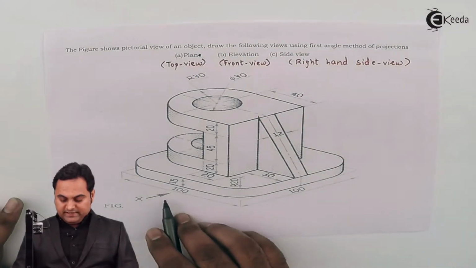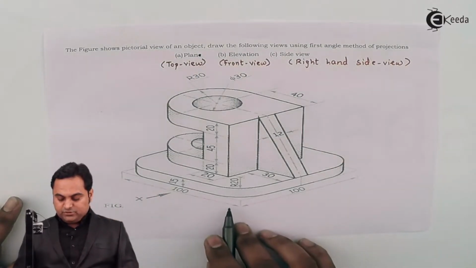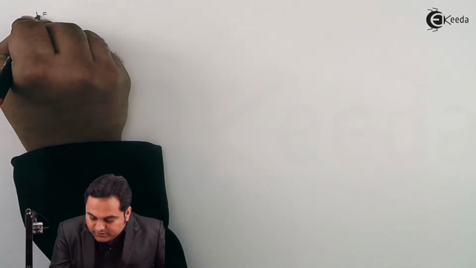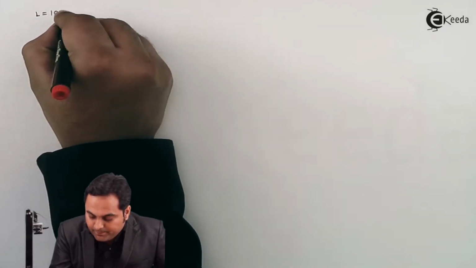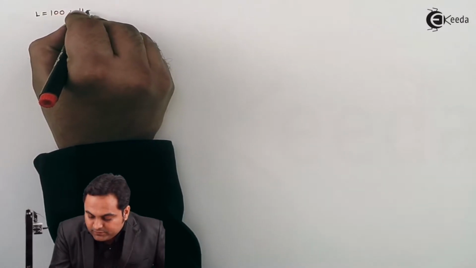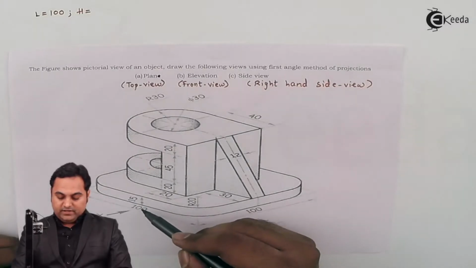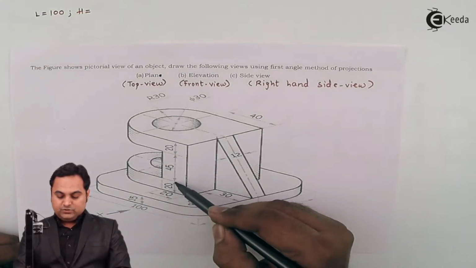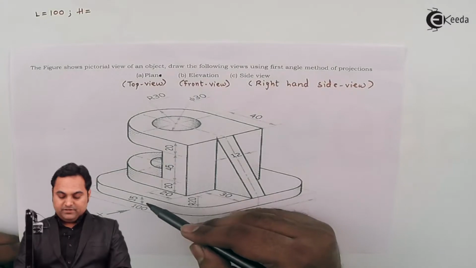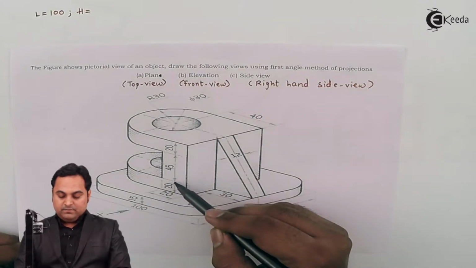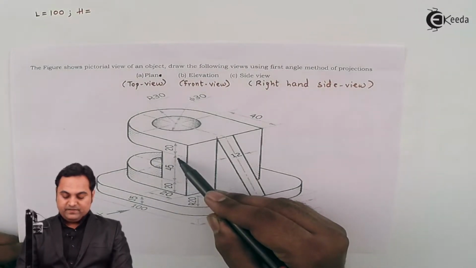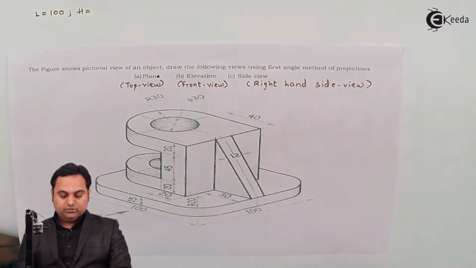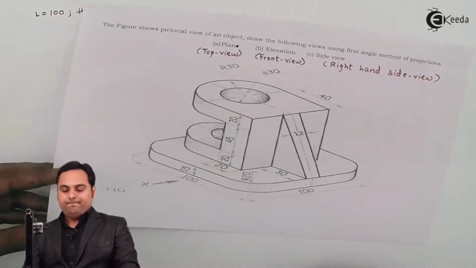When we are looking along X direction, 100 is the total length. So I'll write down, length is equal to 100 mm. Next, height. Here we have this 15 mm block, 15 plus this is 20, that becomes 35, plus 45, that is 80, plus 20, that will give us the total height as 100 mm.